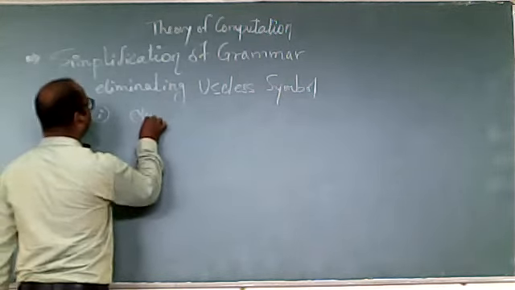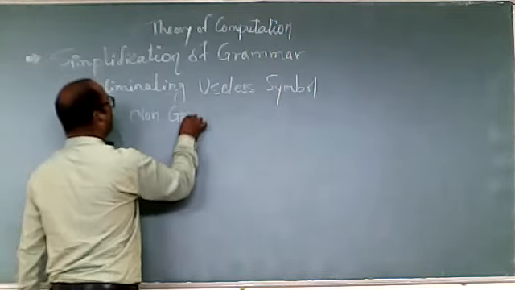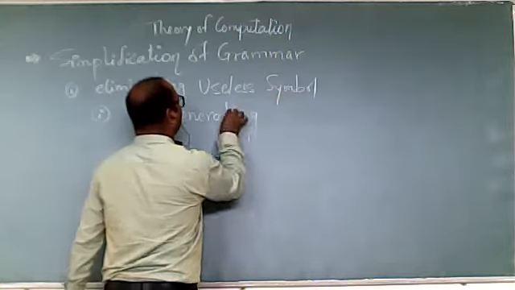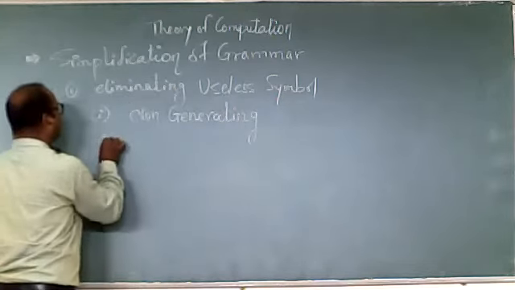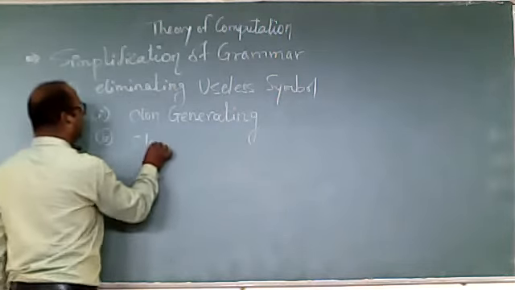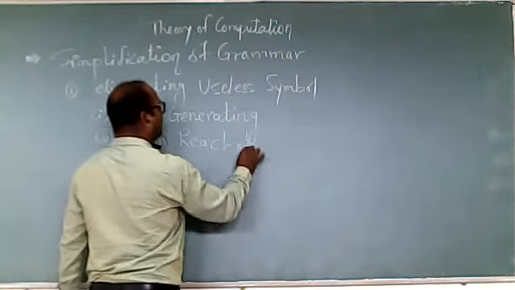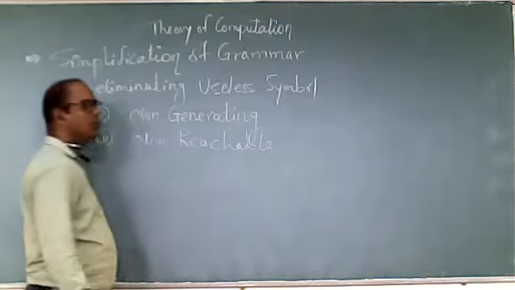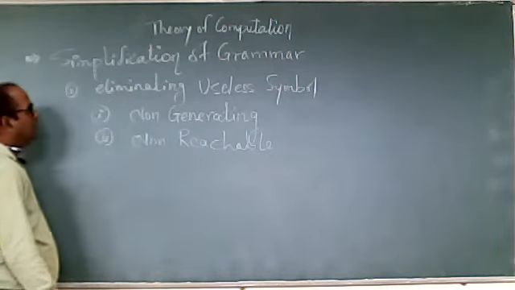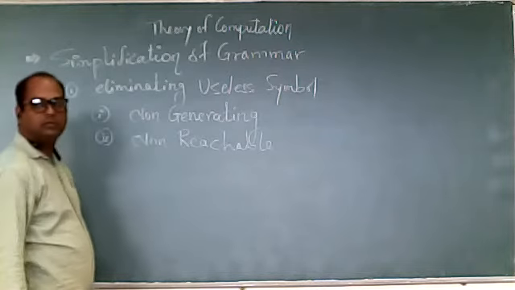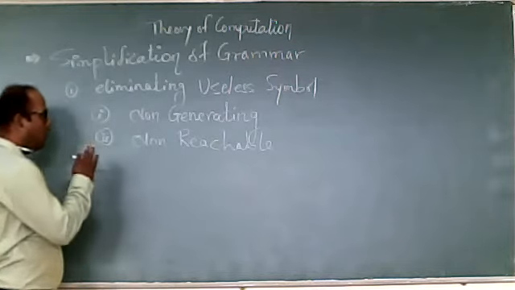First is non-generating, and second is non-reachable. So these two types of symbols are called useless symbols. First non-generating symbols, and second non-reachable symbols.